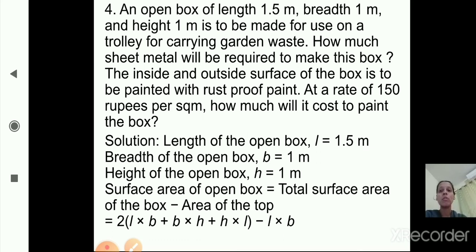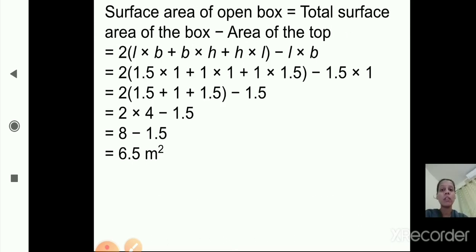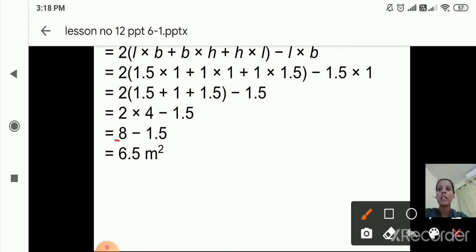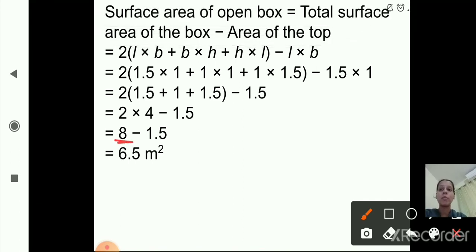Okay. So after putting the values we'll get 8. What is the total surface area of the box? 8. Minus area of the top, which is 1.5. So 8 minus 1.5 is 6.5 meter square. So 6.5 meter square is what?